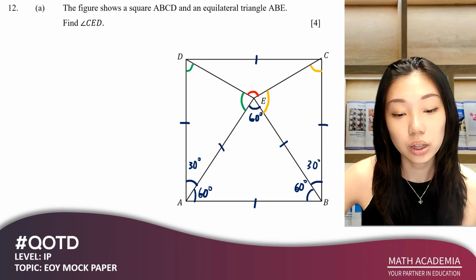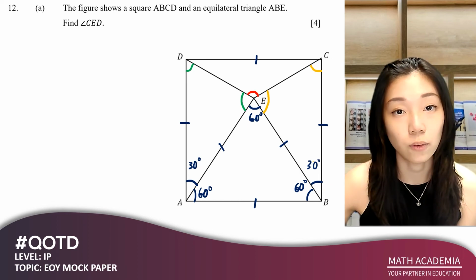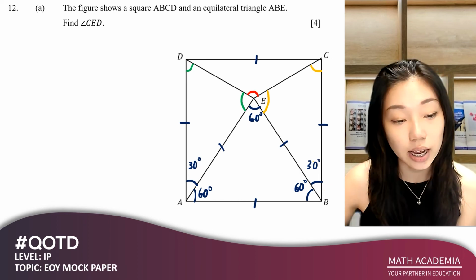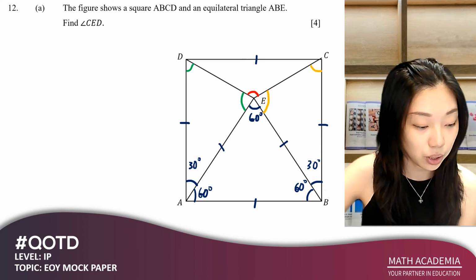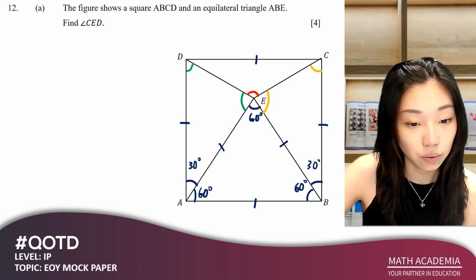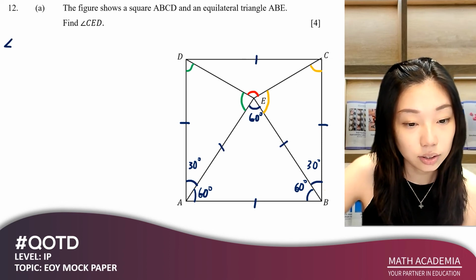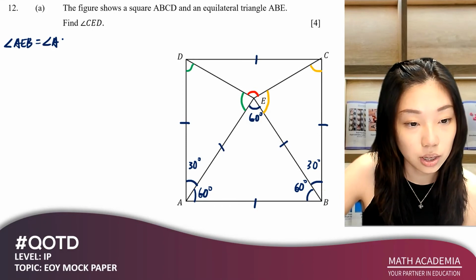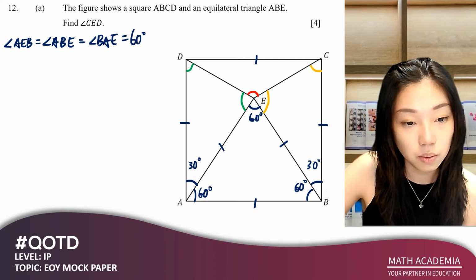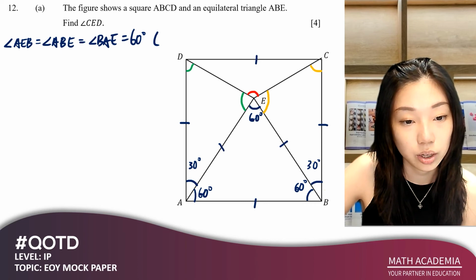So we know the train of thought of how to solve this question. Let's pen it down. Angle AEB equals angle ABE equals angle BAE, which is 60 degrees because it is an equilateral triangle.